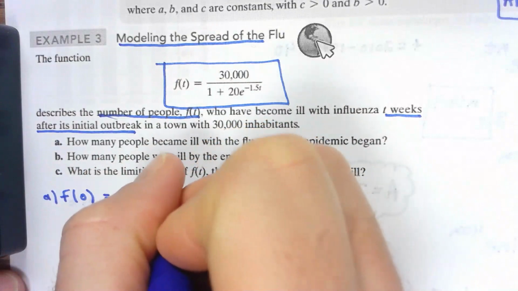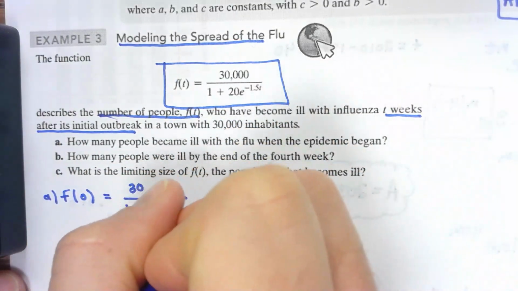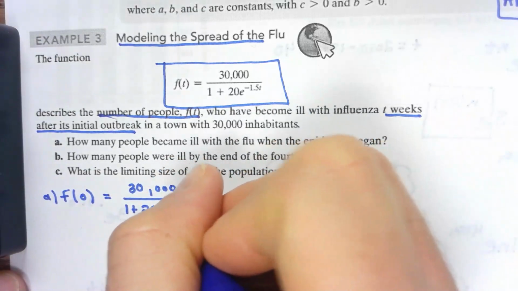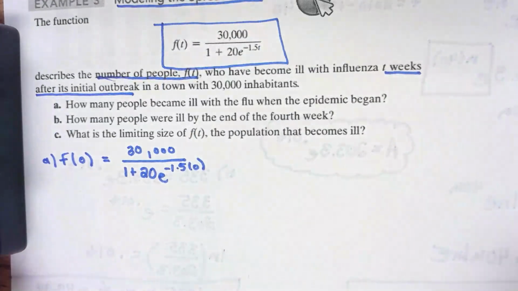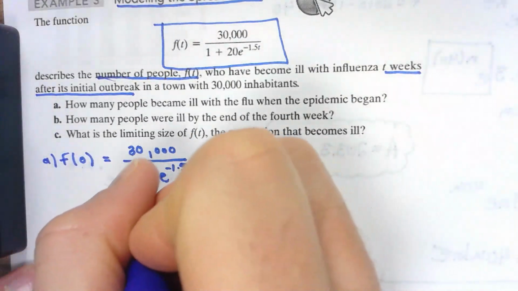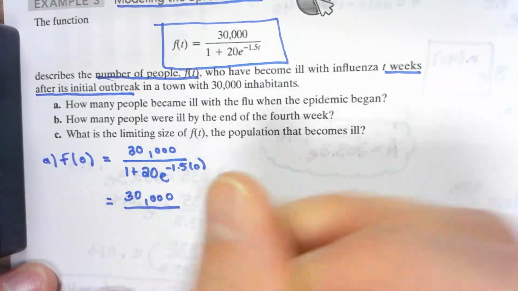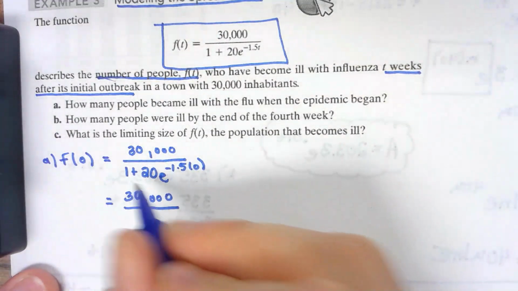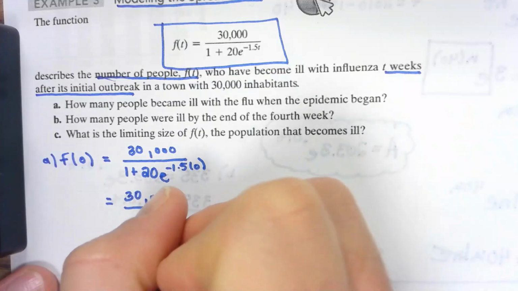I have 30,000 over 1 plus 20 e to the negative 1.5 times 0. And again, we don't need a calculator here. This is e to the power of 0, which is 1. So it's 1 plus 20 times 1, so that's 21.